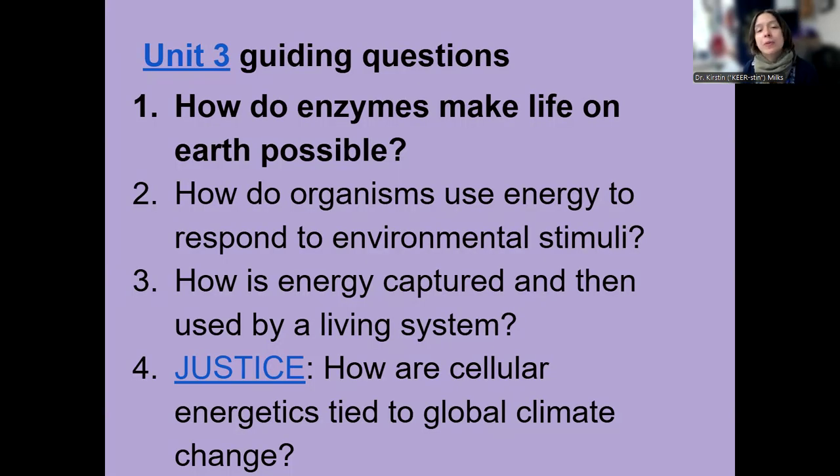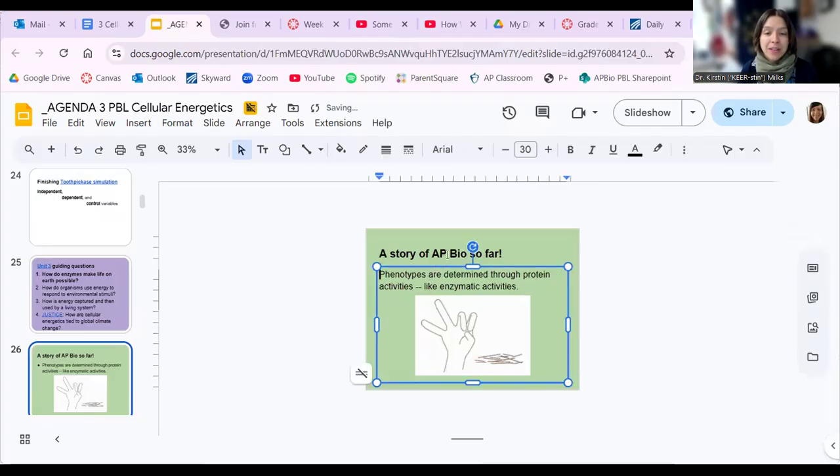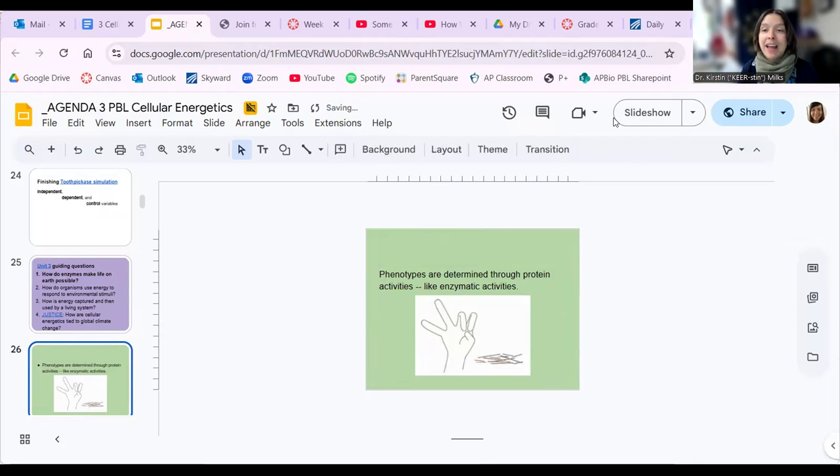Our guiding questions: we're still thinking about how enzymes make life on Earth possible. And a story that we've been telling in AP Bio so far is that protein activities are really important. You just haven't really thought about it in this way yet, right? Phenotypes or physical characteristics are definitely determined by protein activities, and enzyme activities are a great example of one of those.